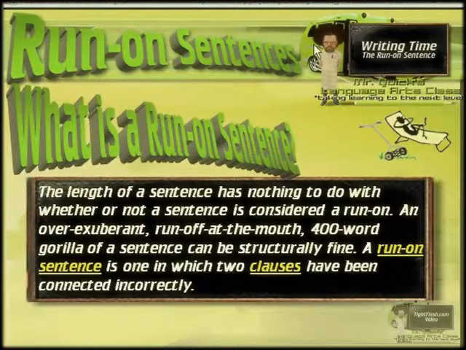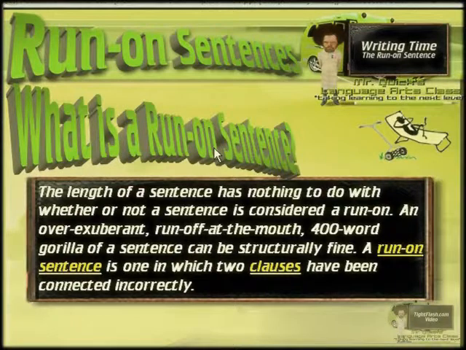And in this case, since we're talking about clauses, it doesn't really matter how long the sentence is. You can have an extremely long sentence and it not be a run-on, and you can have a really short sentence and it be a run-on. So the size of the sentence matters not in whether or not the sentence is a run-on.